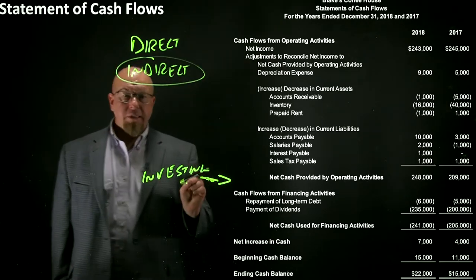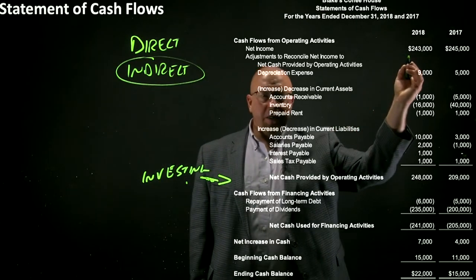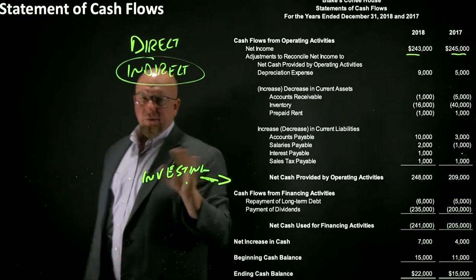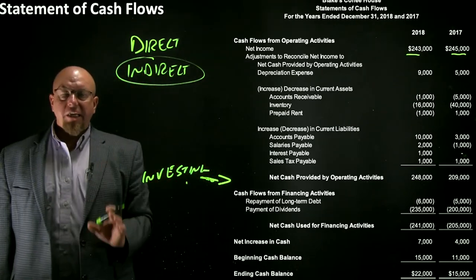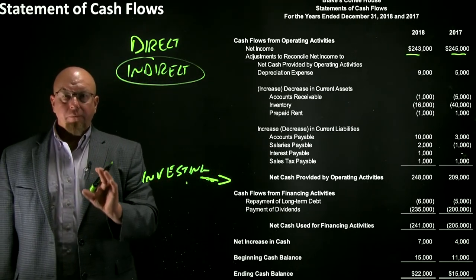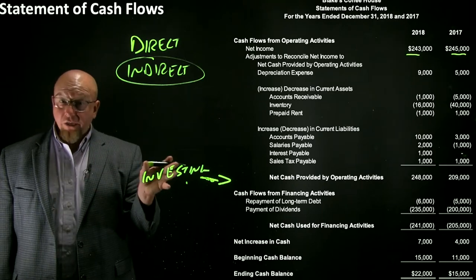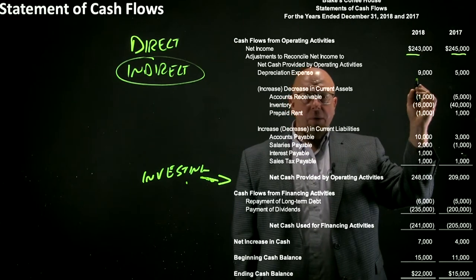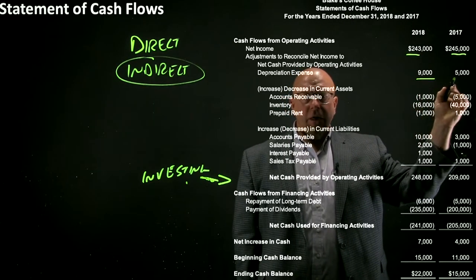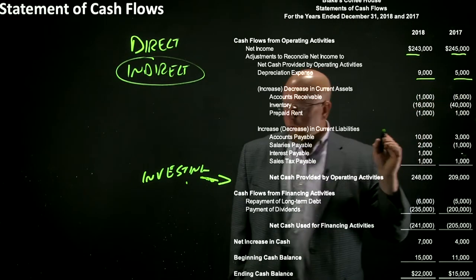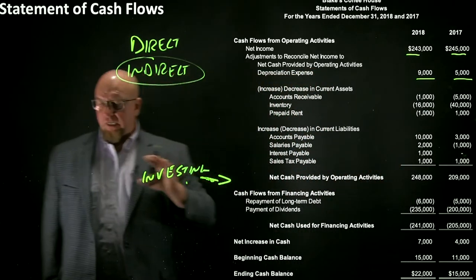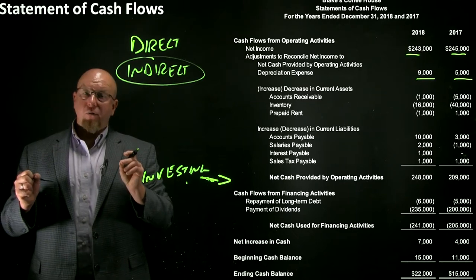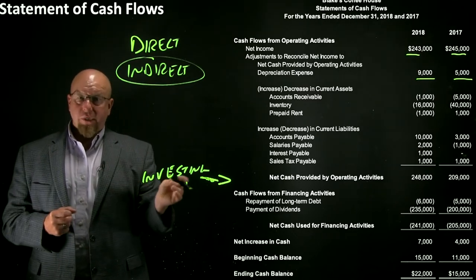And what that basically means is we start with our net income that came from the income statement, and then we make some adjustments to net income. Things that influenced net income but did not affect cash. For example, there's this odd concept called depreciation, where we take our long-term assets and we, I won't say get rid of, but we reduce the asset on the balance sheet systematically over time by converting it to an expense.